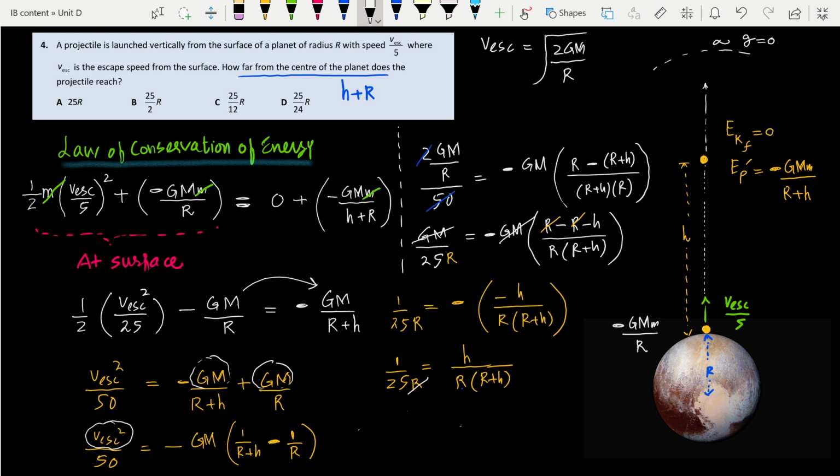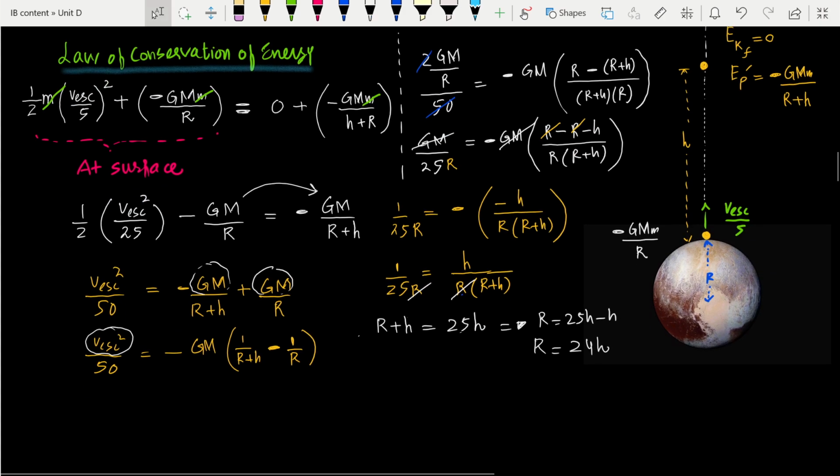So this R and this R cancel out, and cross multiplying we get R plus h is equal to 25h. So R is equal to 25h minus h, that is R is equal to 24h. Finally, the height is R over 24.